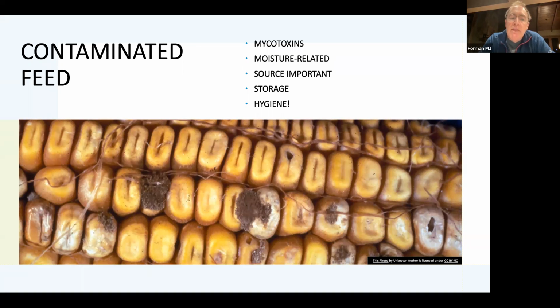So that oftentimes is due to storage issues and moisture. Moisture plays a big role. So if you have corn that's stored while it's not dried properly, for instance, and in a silo, and it's trapped in there, these molds, which again are ubiquitous in the environment, these molds will propagate, and oftentimes they can release toxins.